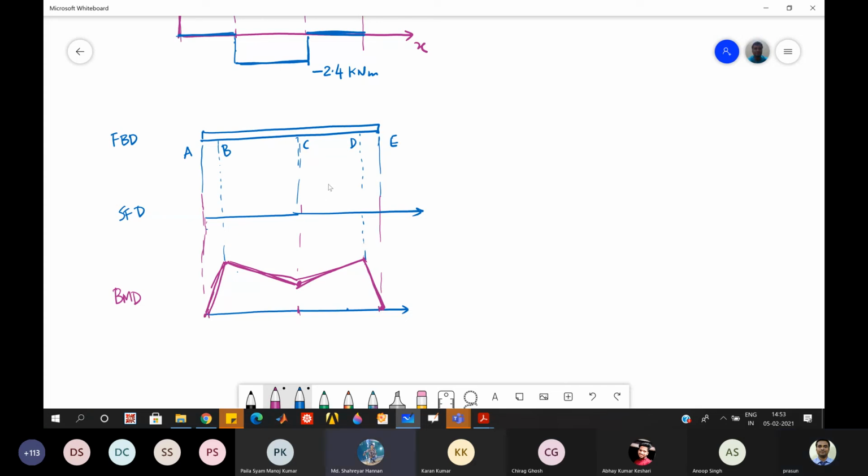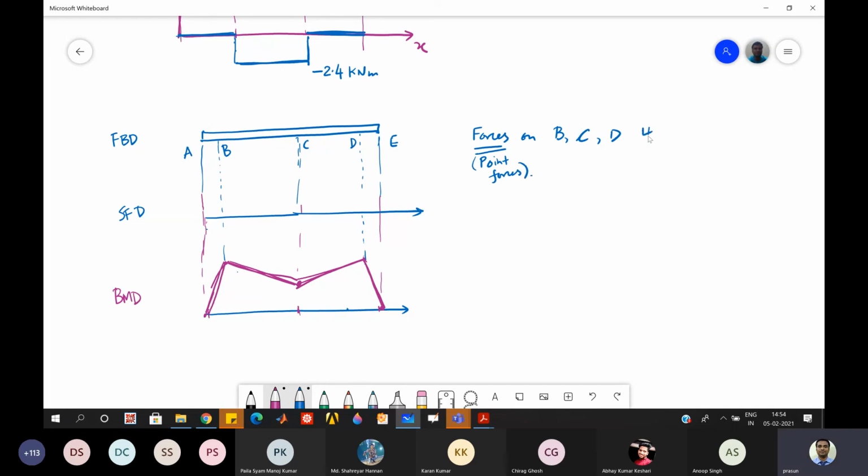So BCD. BCD, okay, so he says that forces on B, C, and D. And forces means these are point loads, right? Point force. Yes, sir. Okay.